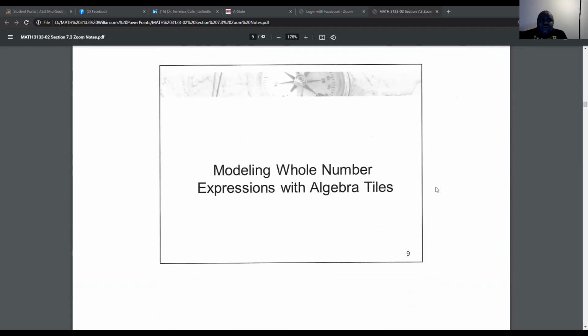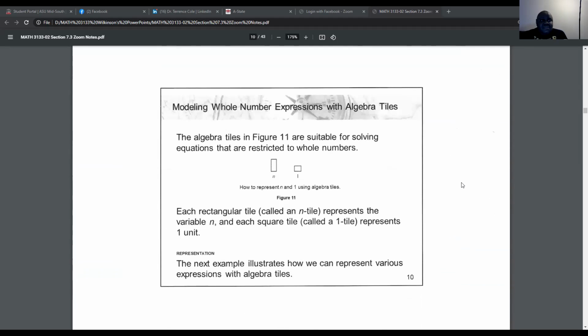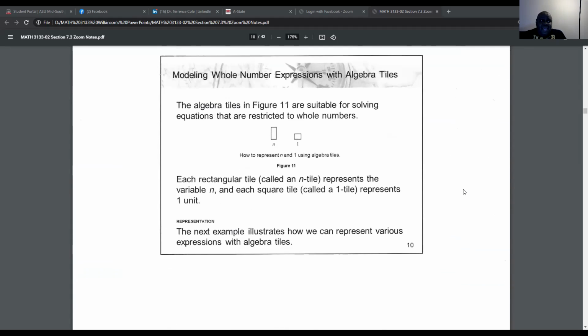So here we're going to model whole number expressions with algebra tiles. Okay, so the algebra tiles that you see here are suitable for solving equations that are restricted to whole numbers. So here is how we represent n and 1. The rectangular tile that you see here is called the n tile.